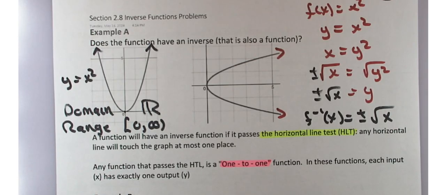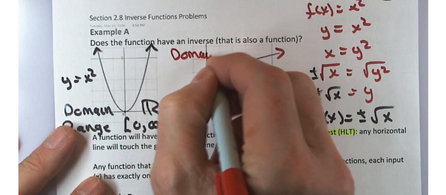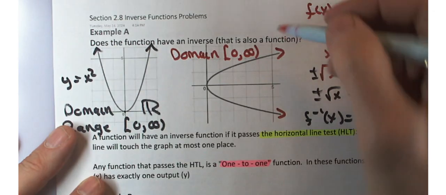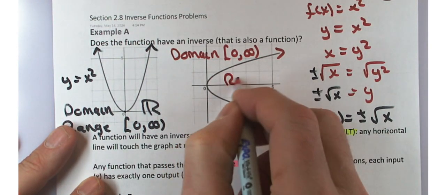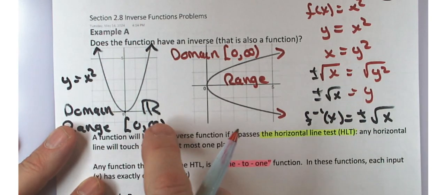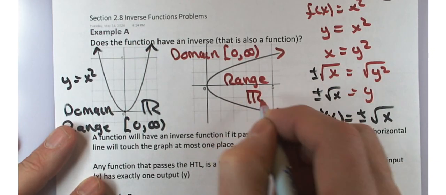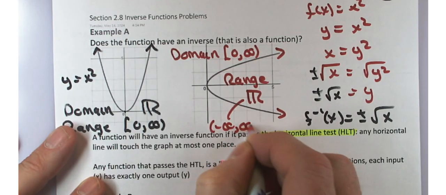How about the range? It keeps on going up, keeps on going down. What's the range? All real numbers. If you want to write negative infinity to infinity, that's fine. I'm going to write R, but keep in mind that that's really negative infinity to infinity, or all real numbers.